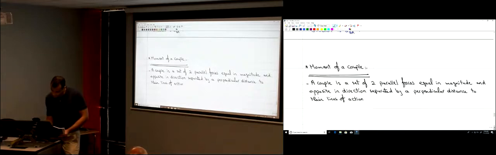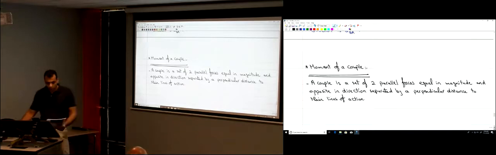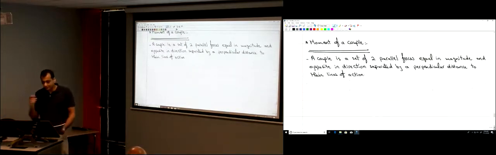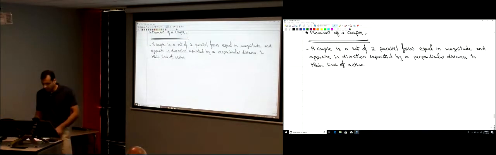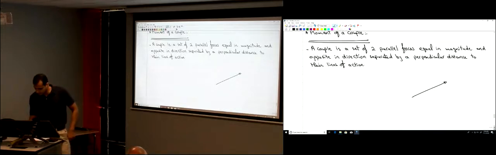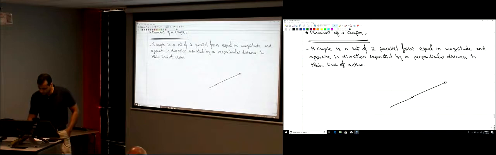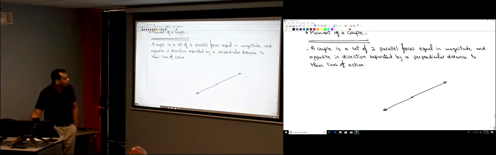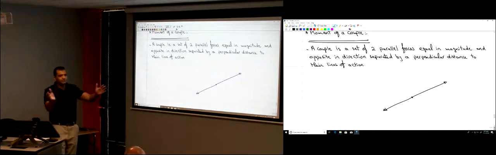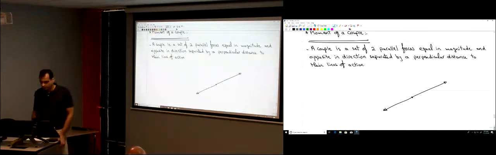If we have this definition, this is called a couple, okay? So let's see this. If I have a force like this and a force like this, can I call this a couple? No. What about a force like this and a force like this? Can I call this a couple? No. Why? Because of their lines of action, okay? There is no perpendicular distance between their lines of action, so this is not a couple.